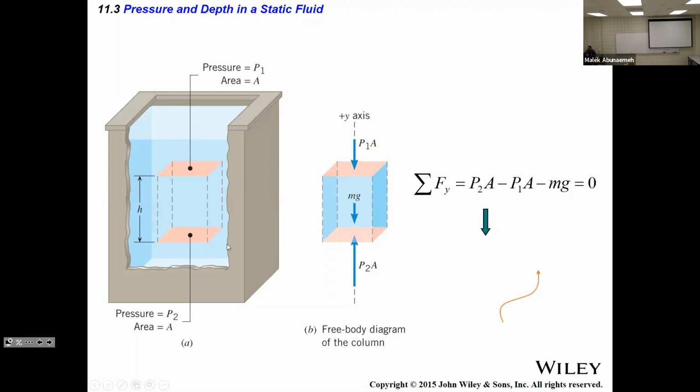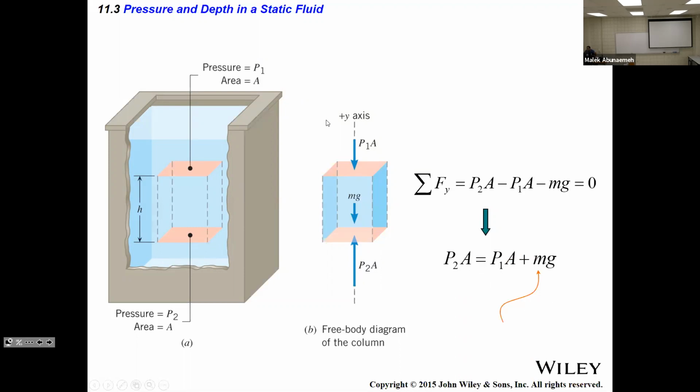At point 1 it's P1A, at point 2, P2A. So you have your weight going down, your pressure force, the buoyant force, going up, and the force on your area from the first pressure going down.